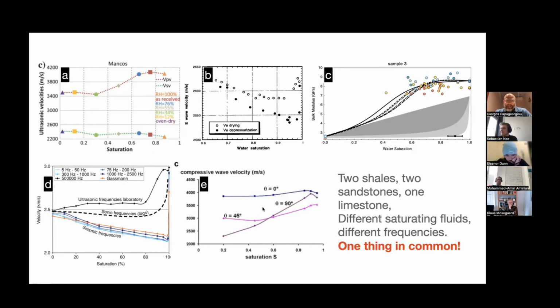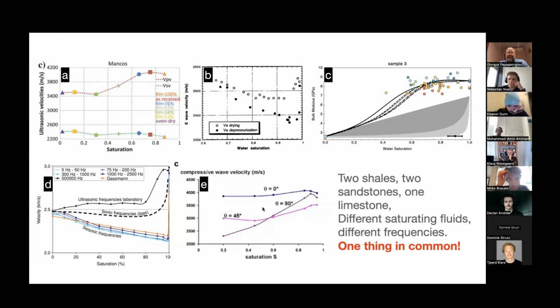They all concern rocks that have been measured in some sort of triaxial setup, in different labs, at different frequencies, with different rocks and, I think, different fluids. Some are air and water, and some are CO2 and water, and they all have some sort of acoustic property on the y-axis and water saturation on the x-axis.